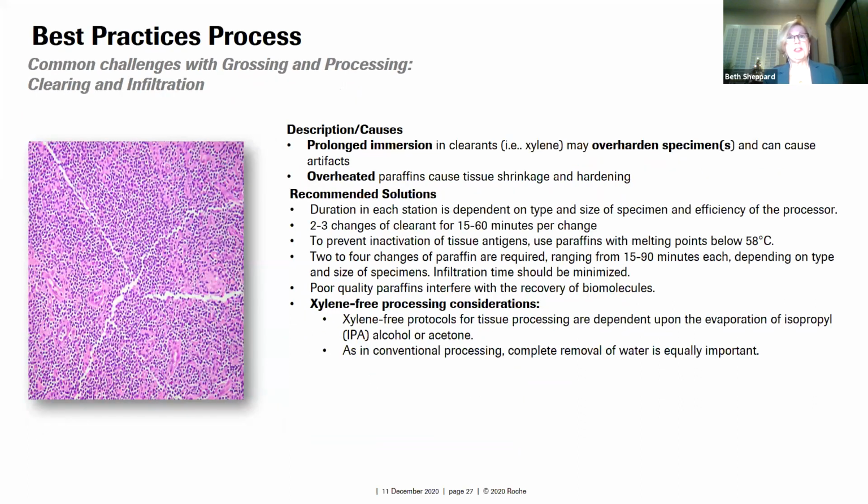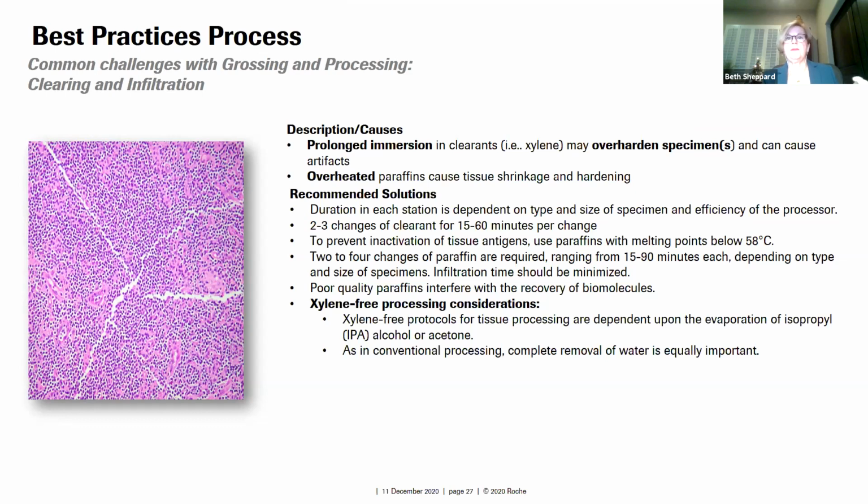Clearing and infiltration. Again, over hardening can happen when there's too much clearant, and overheating the paraffins can cause shrinkage and hardening. And like you see in this sample, the picture on the left, of dry and cracked sample simply from over hardening.